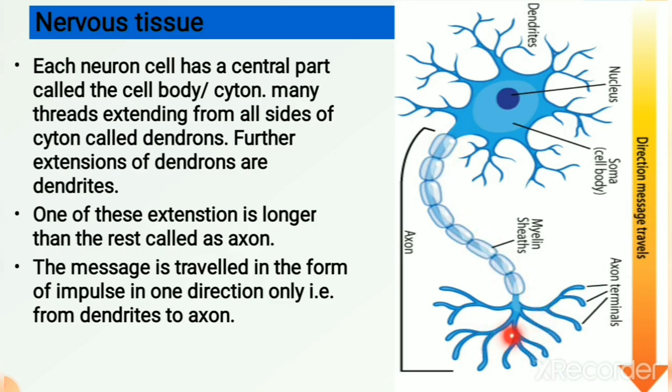The message never goes from the axon back toward the cell body. Always the impulse travels in only one direction, from the dendrites to the axon and then to the next neuron. We will discuss that further in your next chapter on the nervous system, where we will cover it in brief.